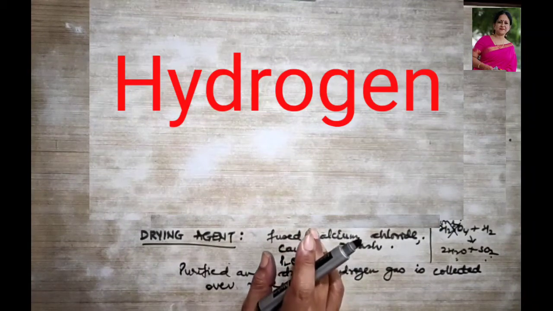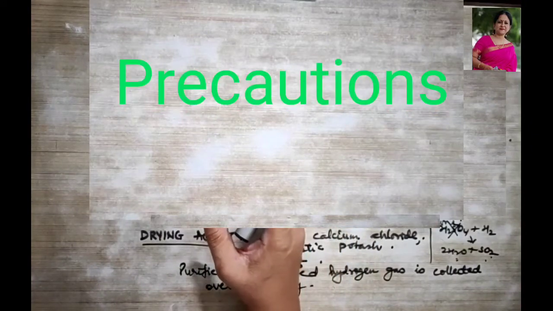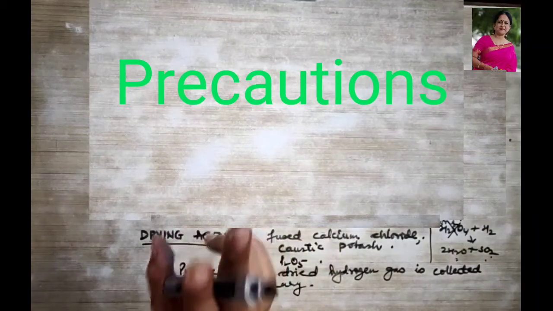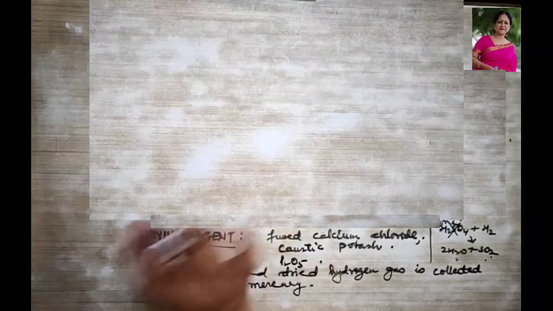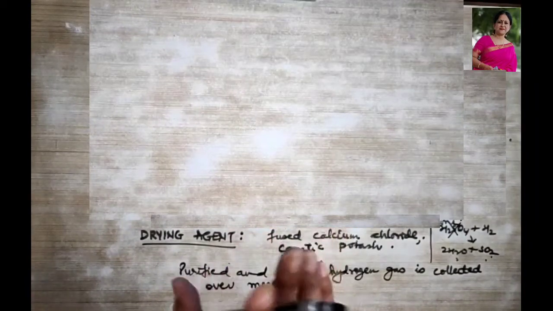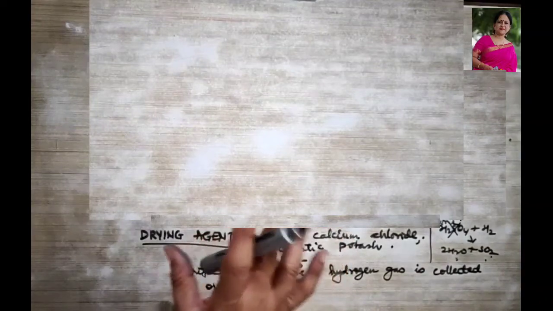Right? Now we come to some precautions. What precautions do we take while conducting this experiment? The apparatus should always be airtight and there should be no leakage of the gas. Why so? Because this gas is highly explosive when it comes in contact with the air.